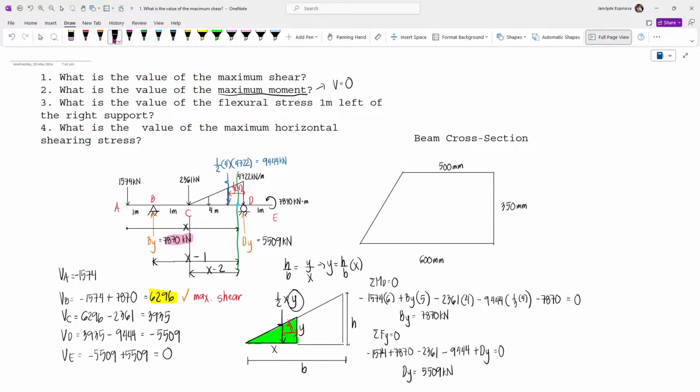So 600 is clear. Now, if this is 600 and this is 500, then the remaining distance will be 100.